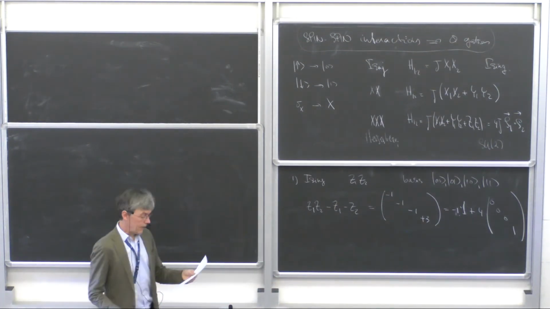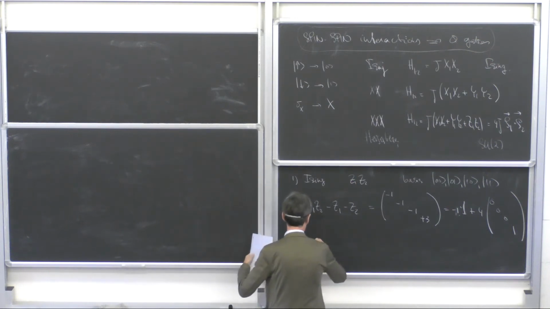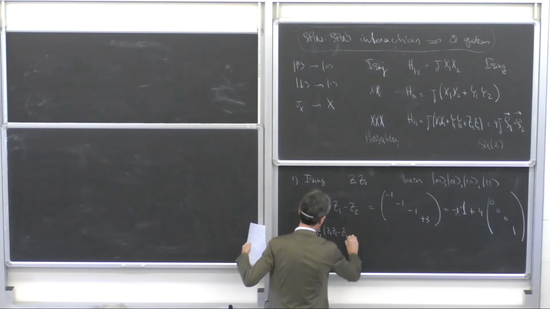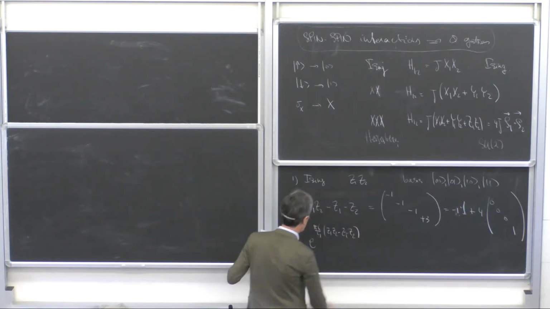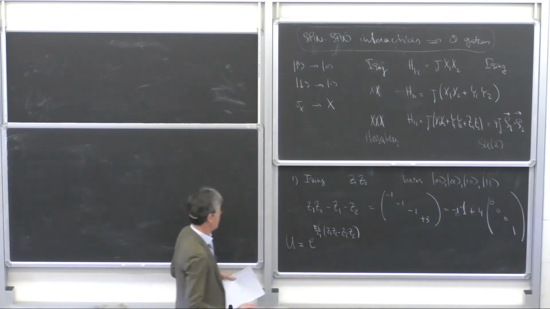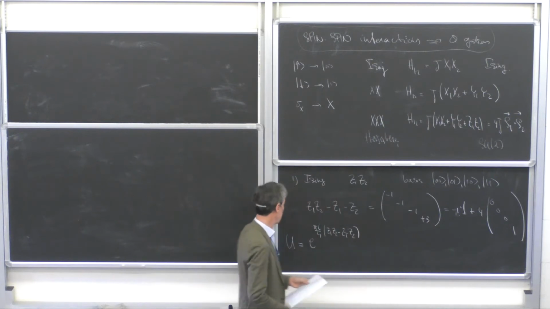So if I have that thing, I can make an exponent, and if I take a smart choice, so I pulse this for a certain time, giving me e to the pi i over 4 times this matrix, Z1 Z2 plus Z1 plus Z2. So this I can make, that's, let's say, my U. And if you see how that goes, the -1 identity gives a phase. Let me write it to be complete.